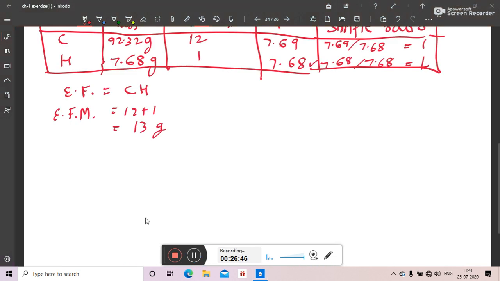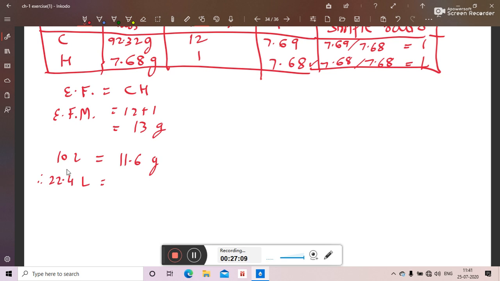The information which is given is that 10 liter of a gas is having the weight 11.6 gram at STP. Now at STP the volume, if it is 22.4 liter, then that will be its molar mass.